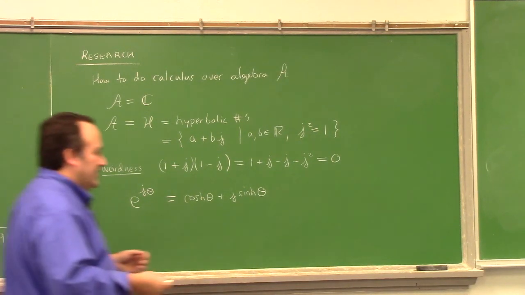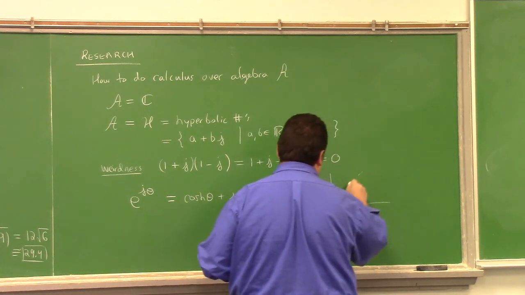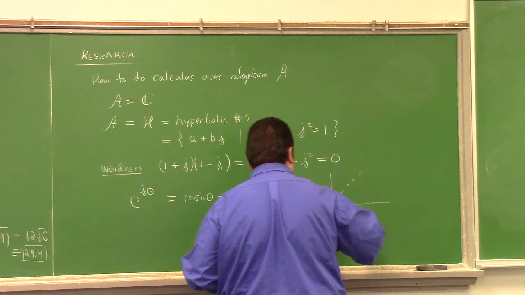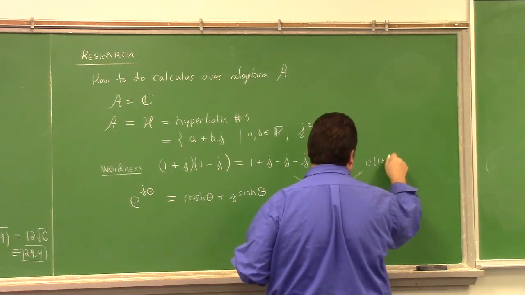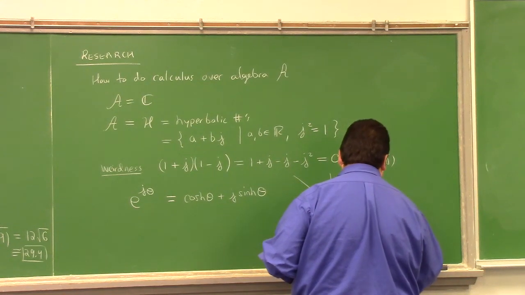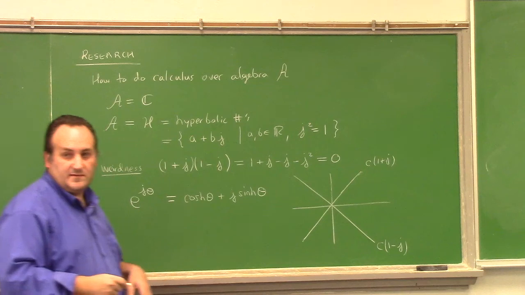If you look at the hyperbolic plane, it's really weird. You've got these multiples of 1 plus j and multiples of 1 minus j, along the lines y equals plus or minus x.